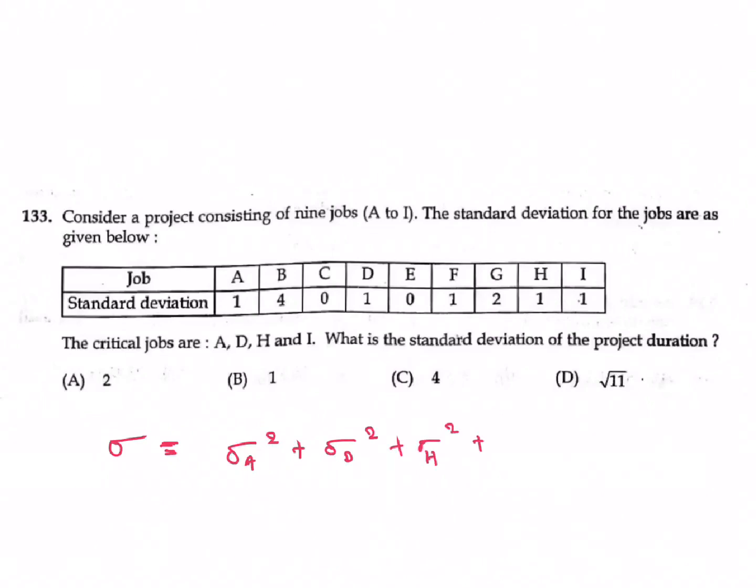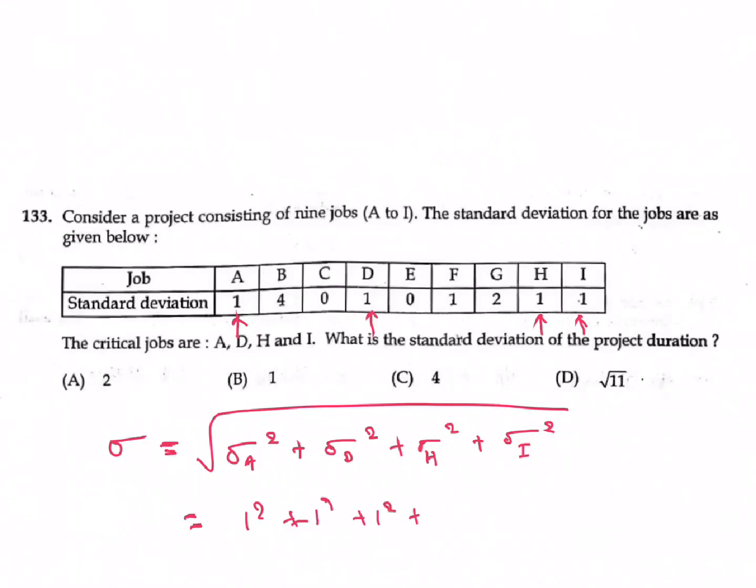At A the standard deviation is 1, at D it's 1, at H also it's 1, at I also it's 1. So 1 square, 1 square, that is 4, root over it's 2. Our answer is A.